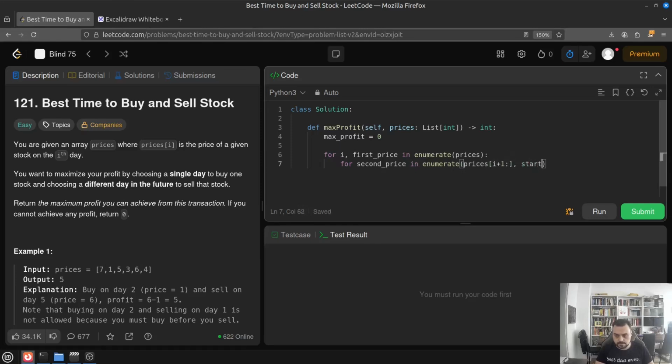Yeah, so from the next element, the current profit will be second price minus the first price. And if it's better than the max profit, then we update the max profit. And that's it.